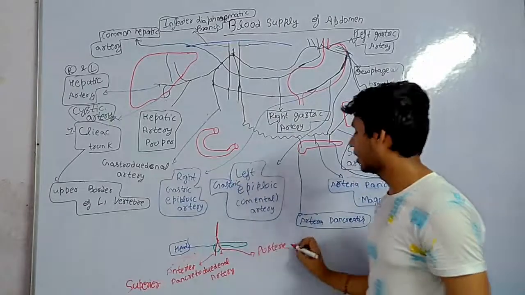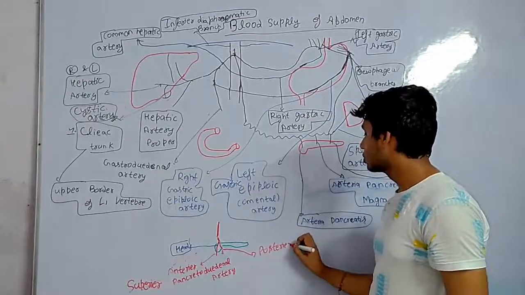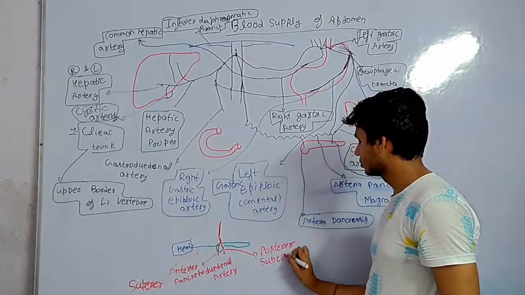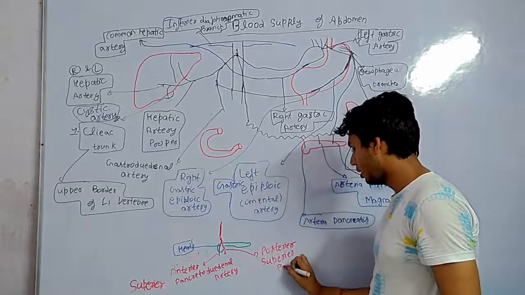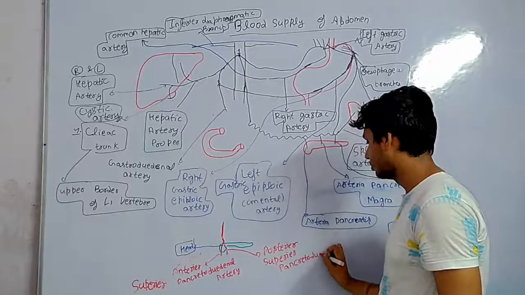Another branch, which is posterior to the head of the pancreas, is the posterior superior pancreatoduodenal artery.